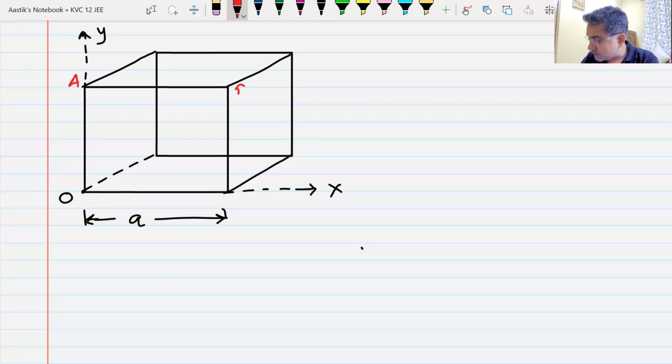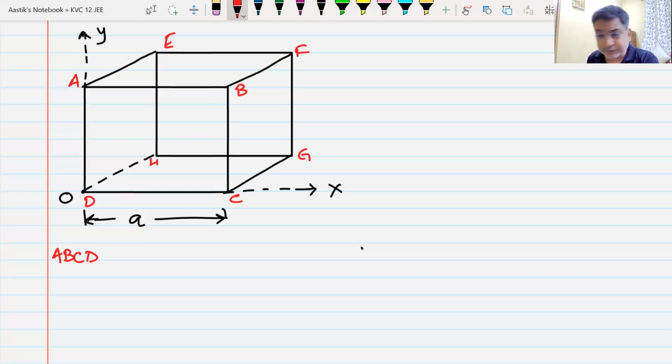Let me name this cube A, B, C, D, E, F, G, H. How many faces does the cube have? 6. What are the 6 faces of the cube? The first face is ABCD.